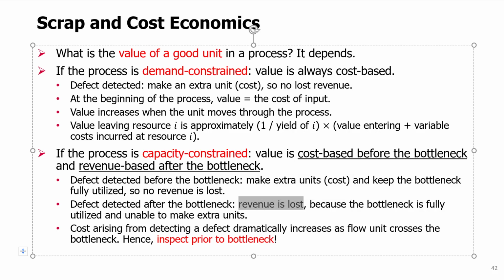Why is that? If you detect a defect after the bottleneck, you have no way of replacing the unit with a new unit, because the bottleneck is working at full capacity. Therefore, what you lose by detecting a defect now is the opportunity to sell the unit.